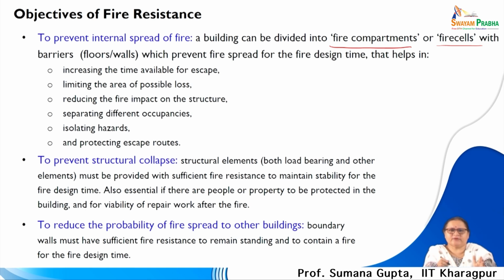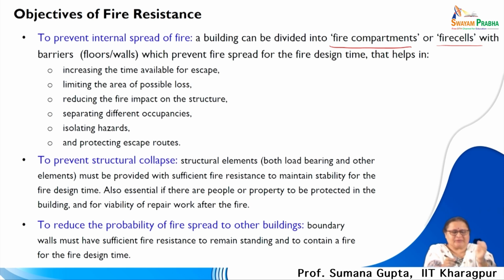The barriers will be made of particular materials which will be fire rated. These are to be taken from the standards, and the materials may be 2 hour rated, 1 hour rated, even half an hour rated, because there are various kinds of spaces and various requirements for which the fire rating has to be maintained.